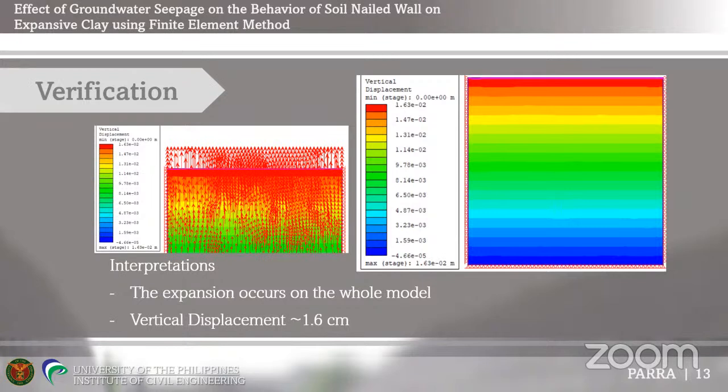And Cam clay, if you're saying that there's a swell, the other term for that is rebound. That's done when you unload. The sample will swell. So that's why they call it a swell index. But it's not related to the change in water content.